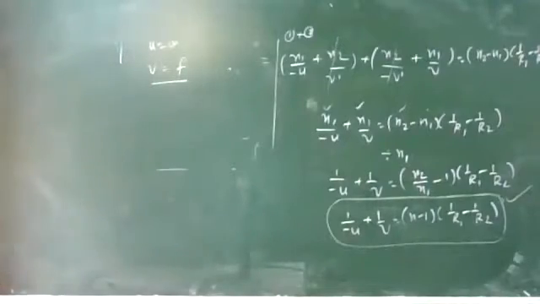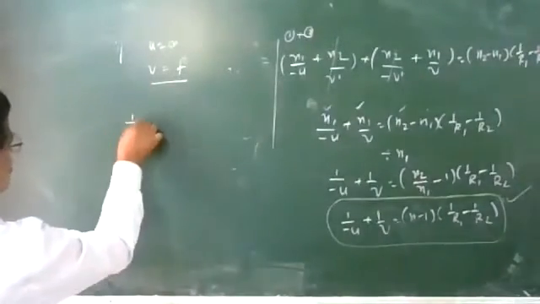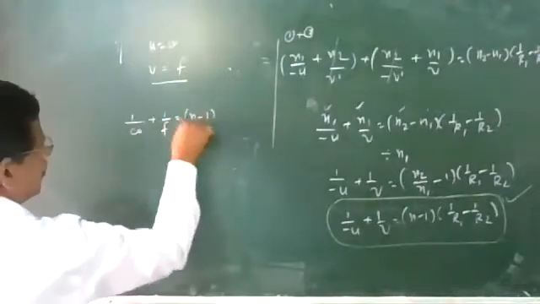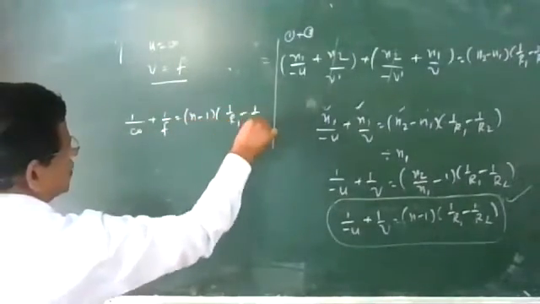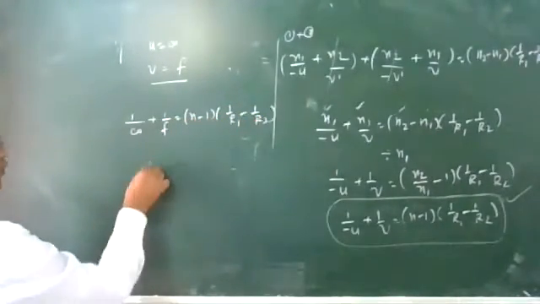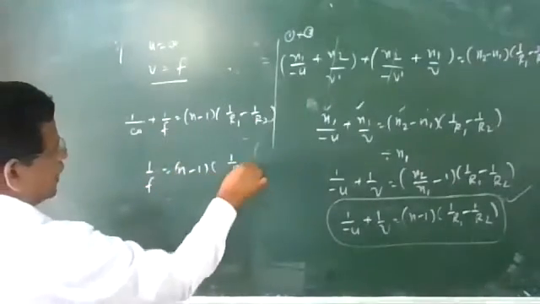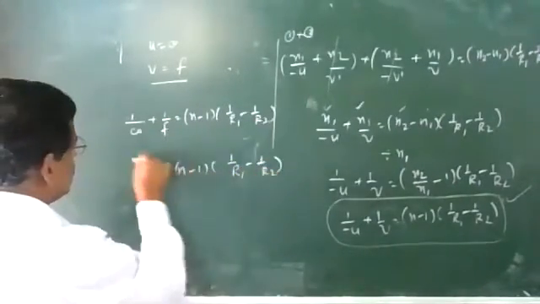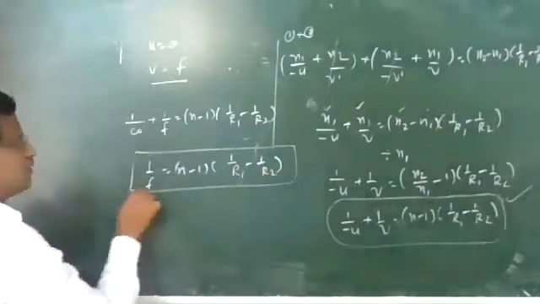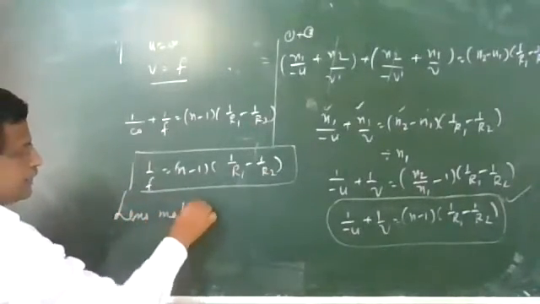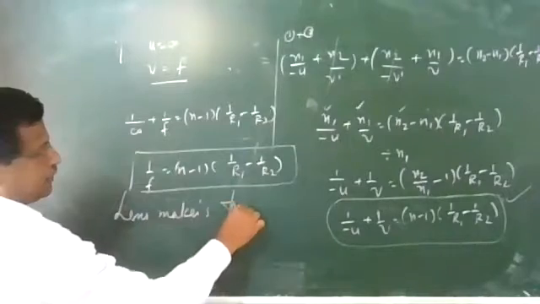So in the special case, when u is infinity, v will be f, and 1 by f equals n minus 1 into 1 by R1 minus 1 by R2. This is your lens maker's formula. Lens maker's formula.